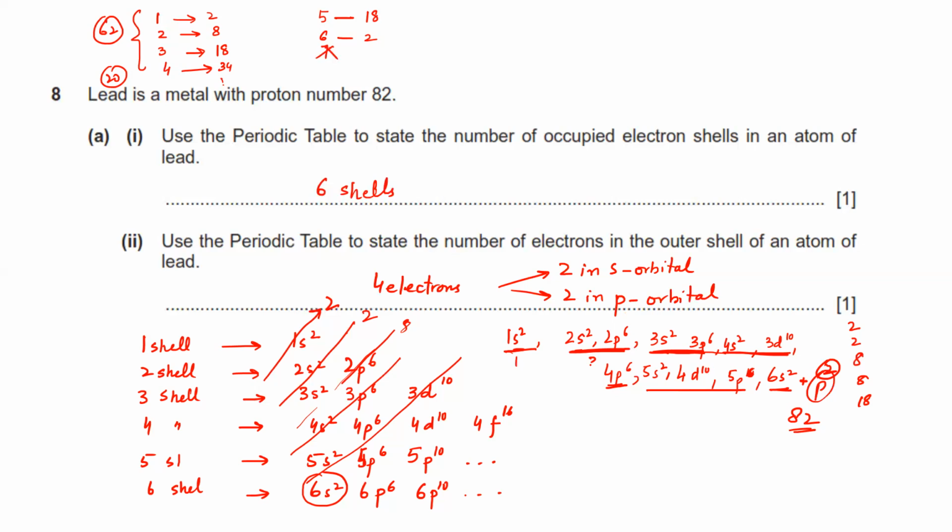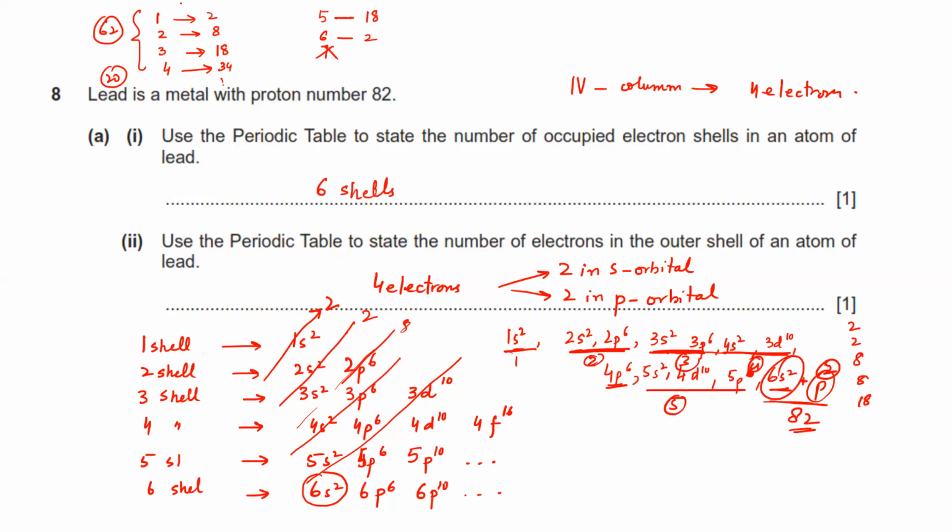So first shell, second shell, third shell, fourth shell, fifth shell, and sixth will be this 2 plus these 2 electrons. Technically this comes from molecular orbital theory, but if we see from the periodic table, lead, Pb 82, is in the fourth column, and the fourth column will have 4 electrons in the outermost shell.